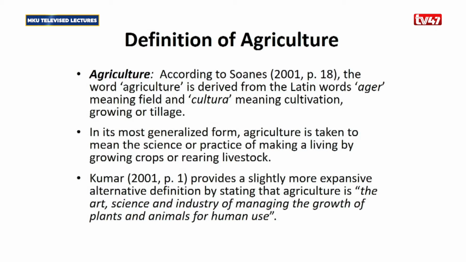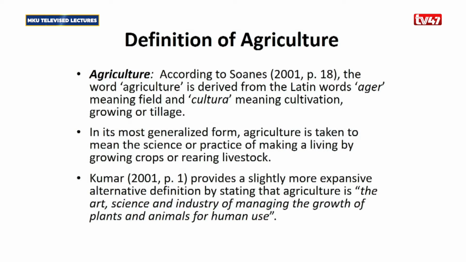If you combine the two terms, ager and cultura, you end up with the anglicized term agriculture, which means cultivating, growing, or tilling farm products in a field.